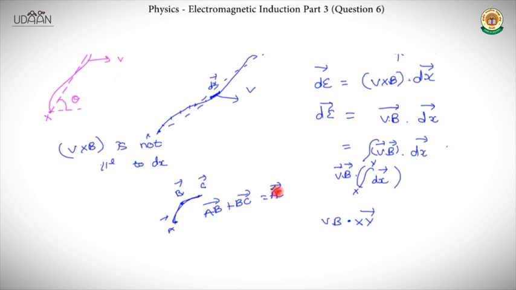In a similar way, if we integrate over the entire length, we will get the whole length as the xy vector. And this xy vector makes an angle theta with the horizontal, so it makes an angle pi by 2 minus theta with the v cross b vector.